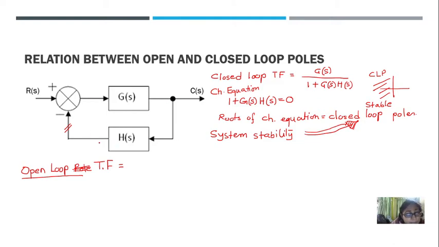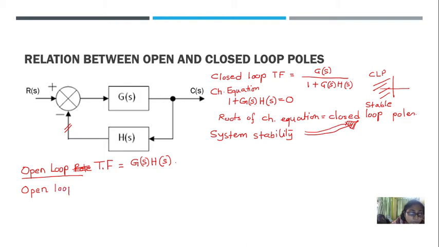Here the loop is broken. So the open loop transfer function means the loop is open, and it is defined by the loop transfer function G(S) into H(S). So open loop poles mean the poles of G(S) into H(S).